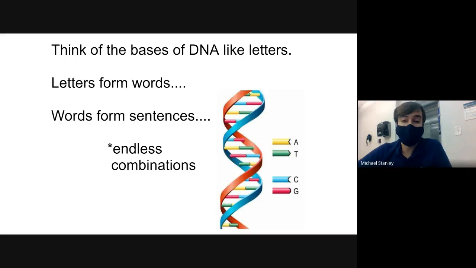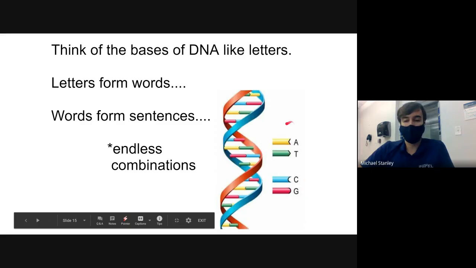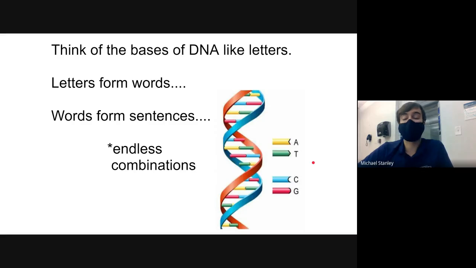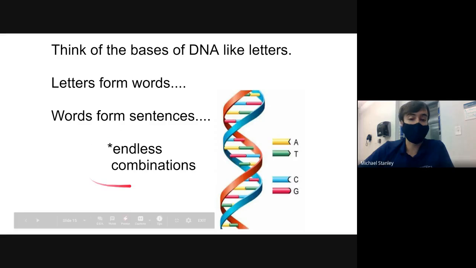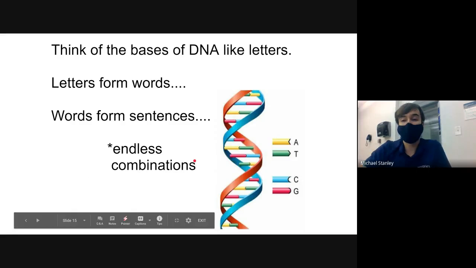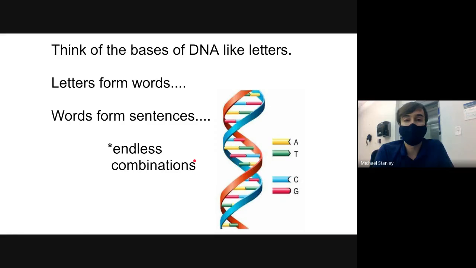And we can put those words together in millions and billions of different sentences. So the bases of DNA kind of work like letters of the alphabet. Sure, we only have 4 of them, but you can put them together in all sorts of different combinations to create essentially endless combinations of different types of genes and different types of information.